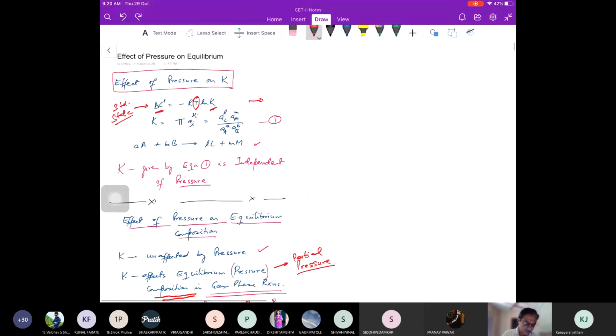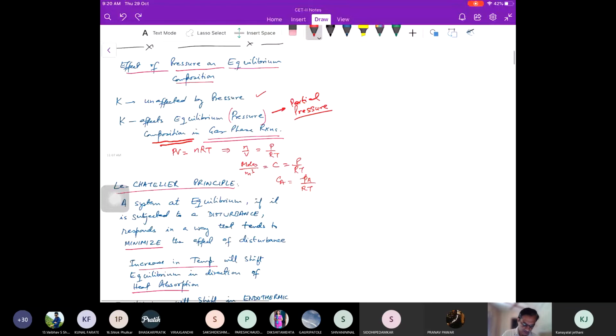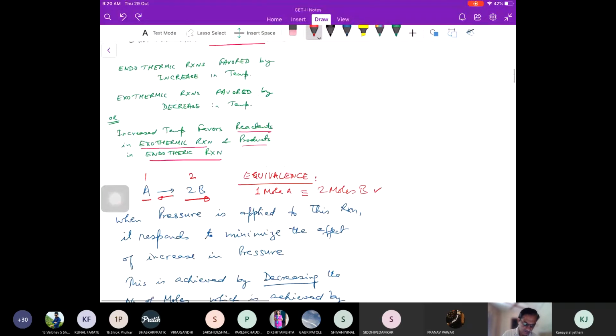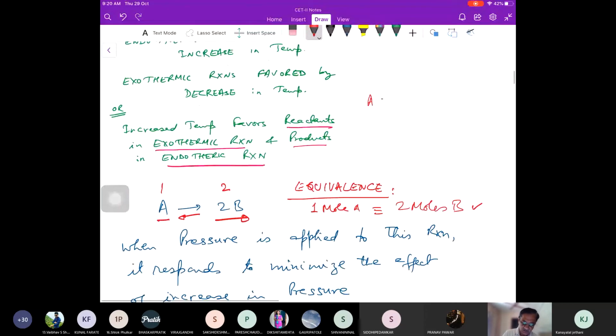Okay. Effect of pressure. So when you talk about reactants, if this is an exothermic reaction, the reverse reaction will always be an endothermic reaction.